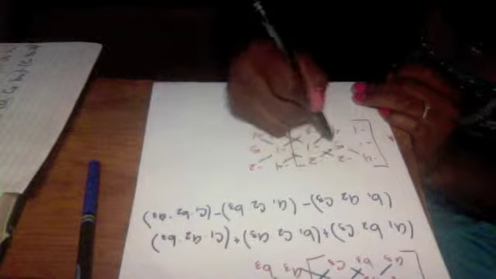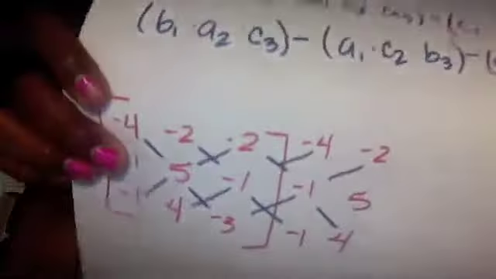It also helps to use different colors. So now you're going to use your cross multiplication, just like before with the letters.